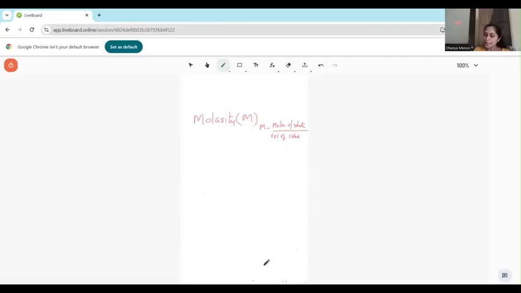So the first question is 40 gram of NaOH in 200 ml of solution.